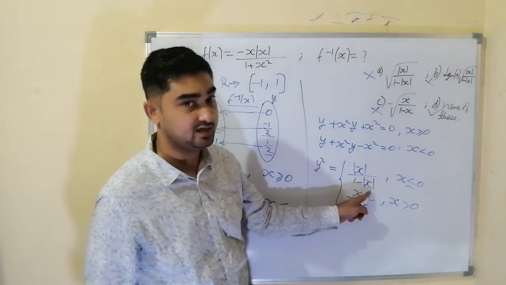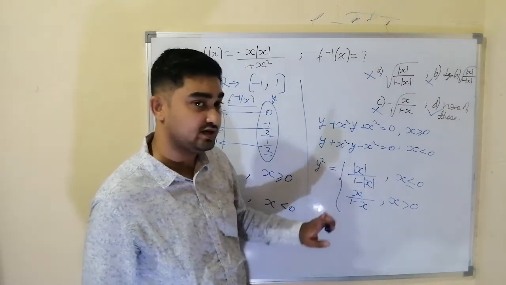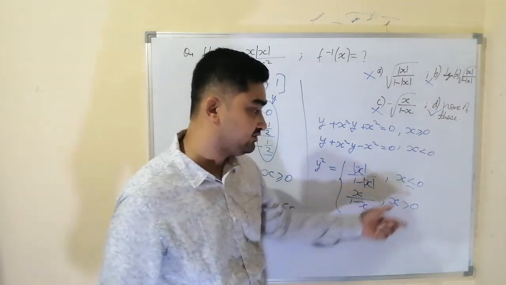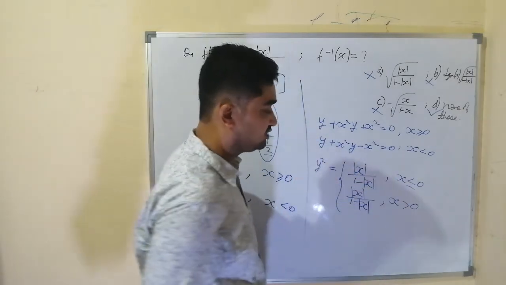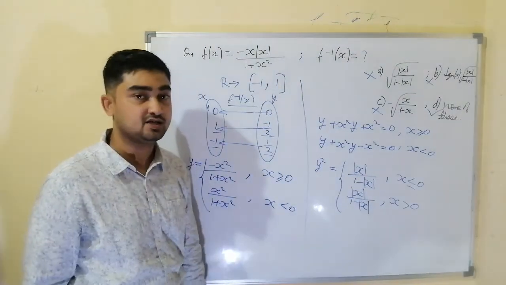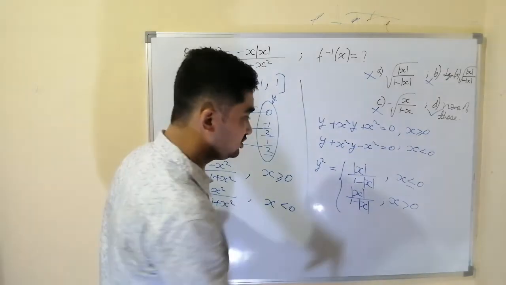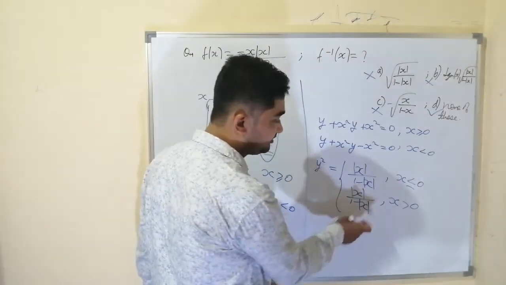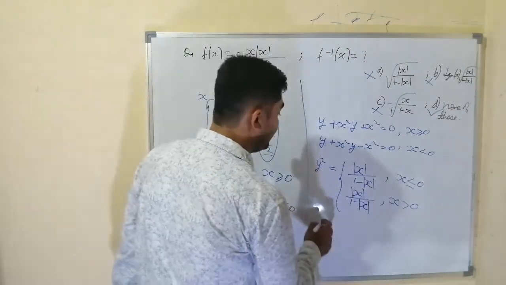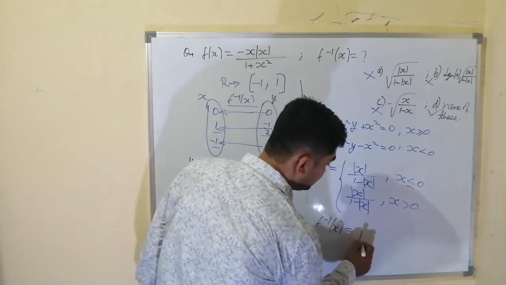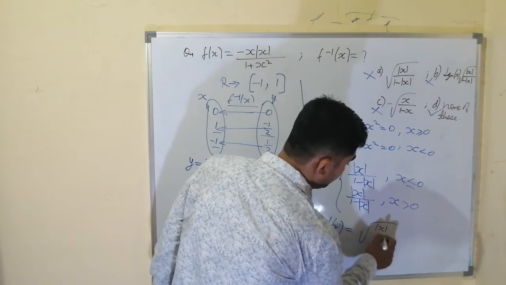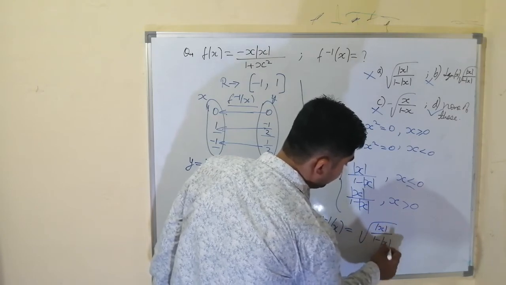It will become 1 plus x. So previous one or this, both are same. Similarly, whenever x is positive, we can directly replace x with mod x, because whenever x is positive, x and mod x are same. So in both the cases, we have mod of x divided by 1 minus mod of x. That means f inverse x is under root of mod of x upon 1 minus mod of x.